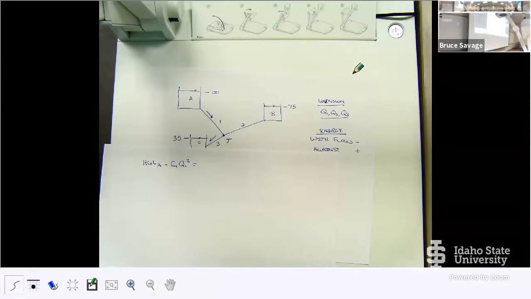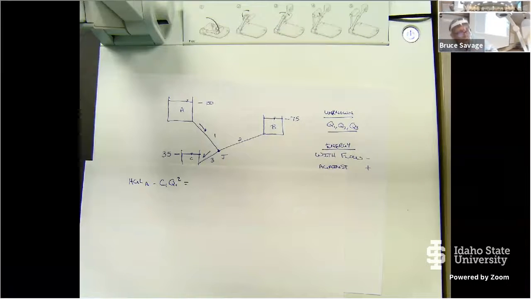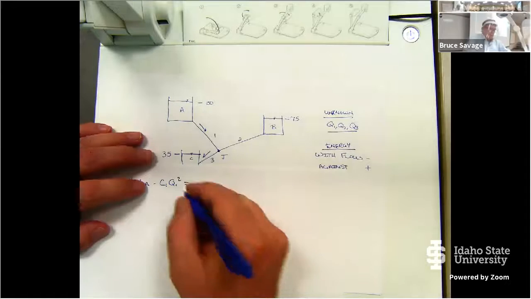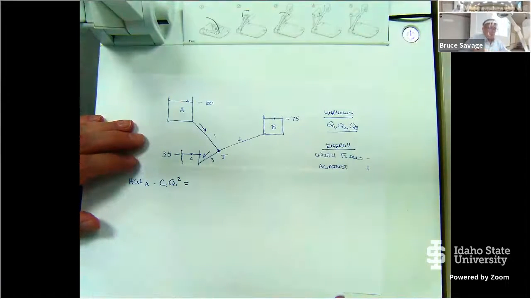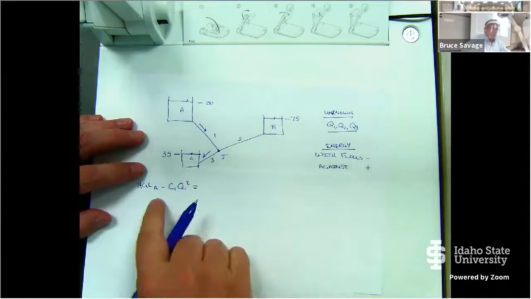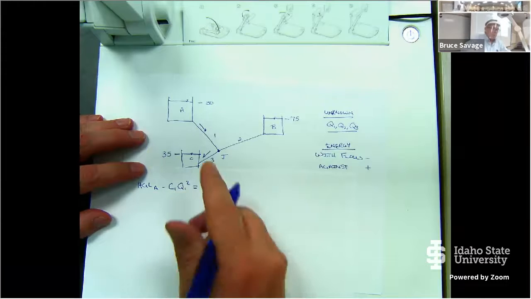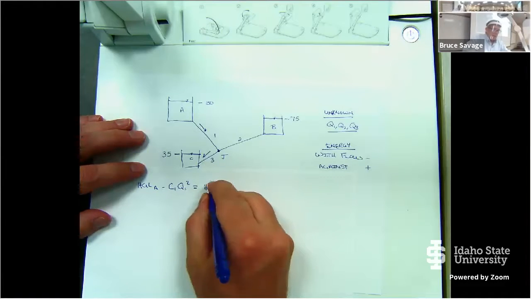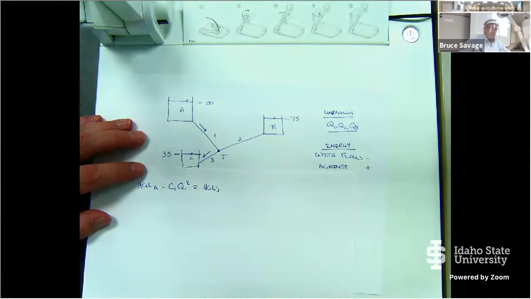Okay, there we go. So look at this. All we're doing here is a little bit of substitution. If I rewrite my original equations, hydraulic grade line at A minus C1 Q1 squared equals the hydraulic grade line at the junction.